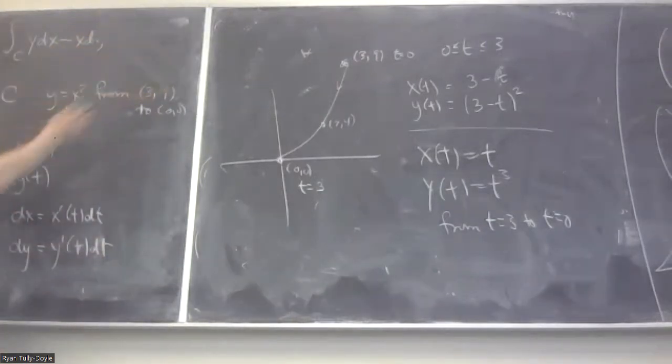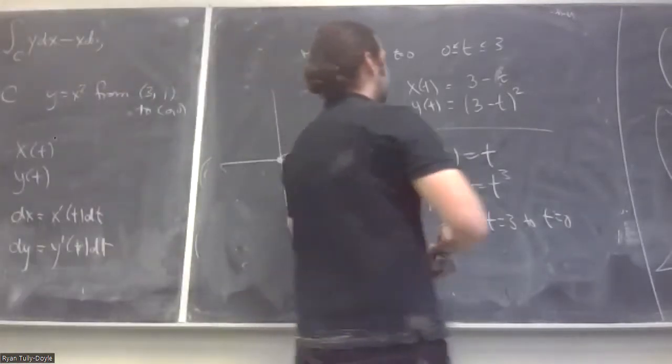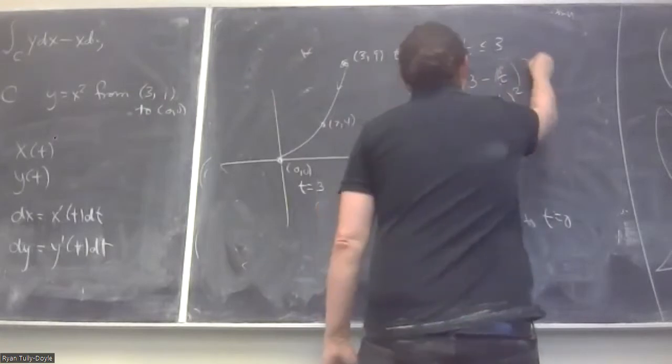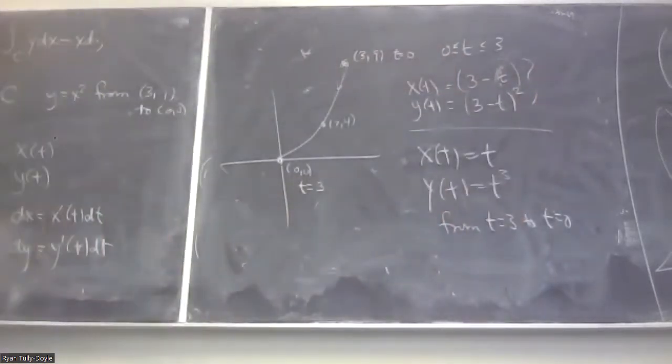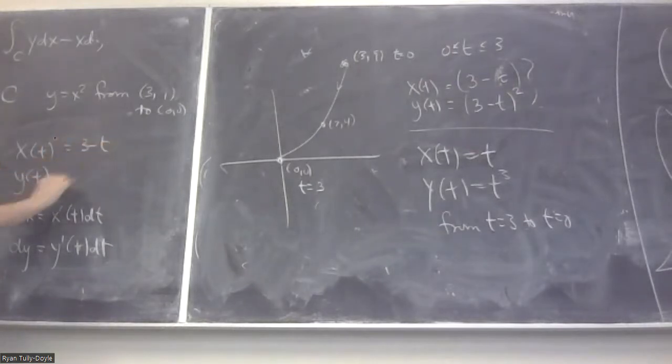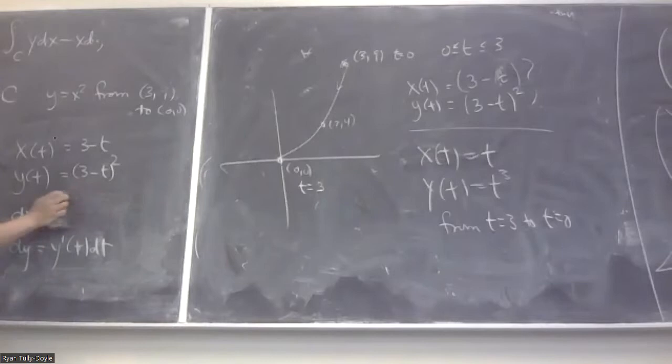Okay, I don't want to waste anything. So let's pick, I don't know, I'm going to use this one. I like this one. Let's do this. Okay, so without doing anything else, x of t is equal to 3 minus t. y of t is equal to 3 minus t squared. dx is equal to minus dt.